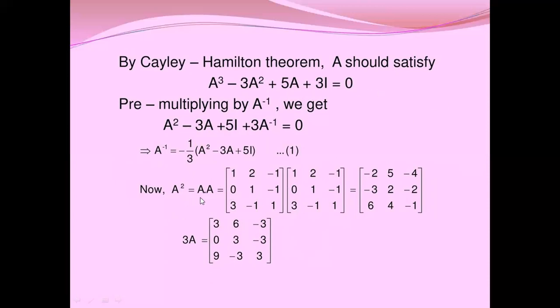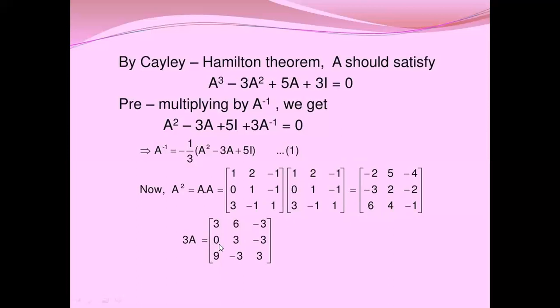A square is the given A matrix multiplied with A matrix again, by which we get A square equal to minus 2, 5, minus 4, minus 3, 2, minus 2, 6, 4, minus 1. And this is the A square matrix.